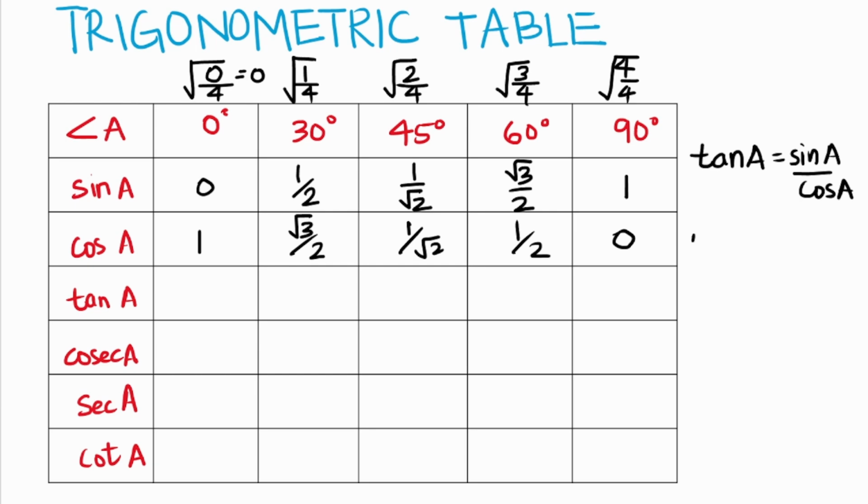So if you want to find the value of tan 0, it's nothing but sine 0 divided by cos 0. Sine 0 is 0 and cos 0 is 1, so 0 divided by 1 is 0. You got the answer as 0 over here.